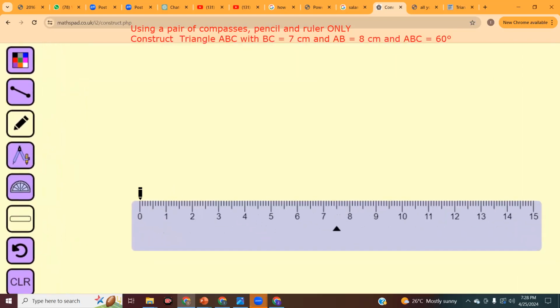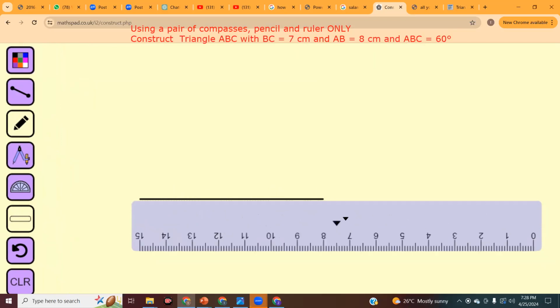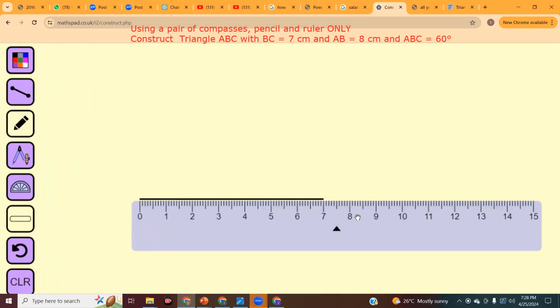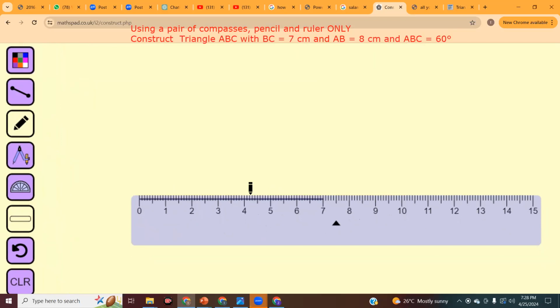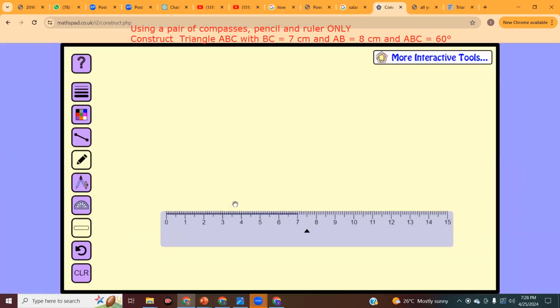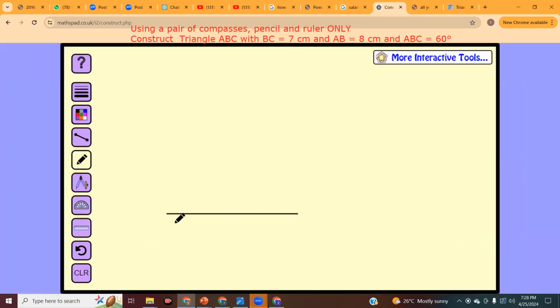We're going to call this B. We're going to call this C. And then we're going to label it 7 centimeters.